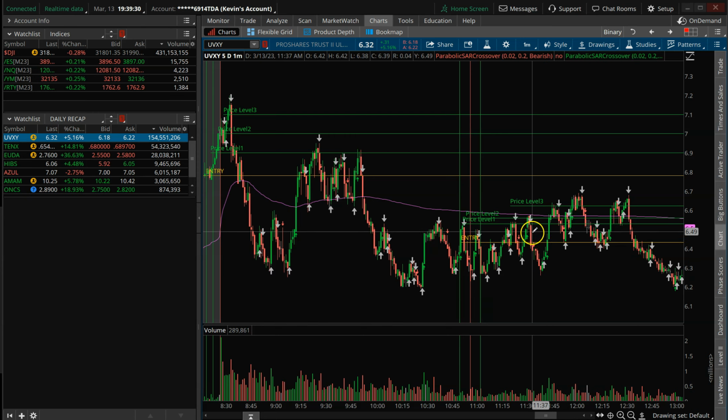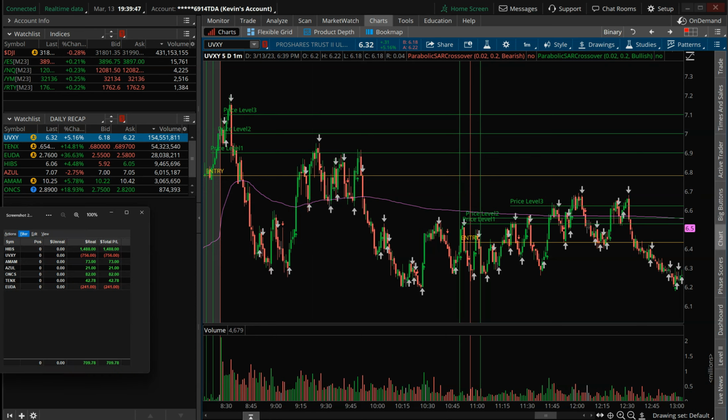But after this big pullback right over here, as we started to come down to these lows, I did not want to hold out till level 3. So unfortunately, I ended up taking the loss, which wiped out the gain I had this morning on UVXY, and I ended up down on UVXY, losing 756.